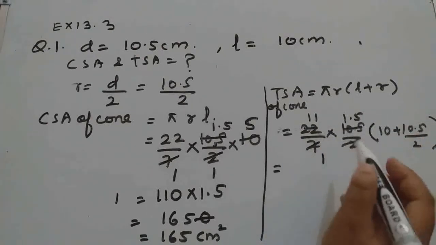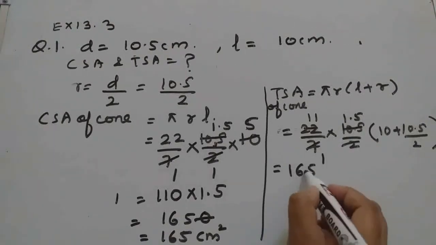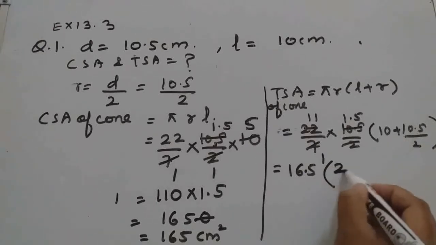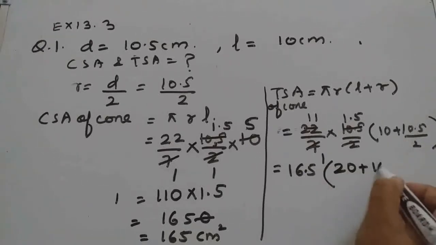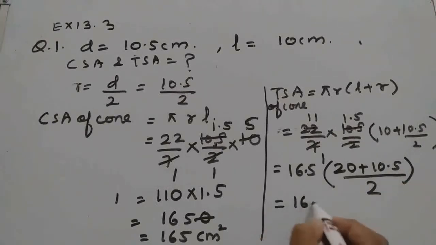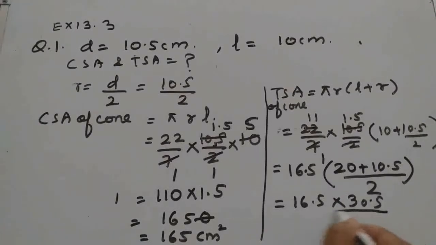So this also we can multiply, 165, isn't it? After one digit decimal, so 16.5. And for this we can cross multiply. So 16.5 into this will give 30.5 divided by 2, which we can further divide.